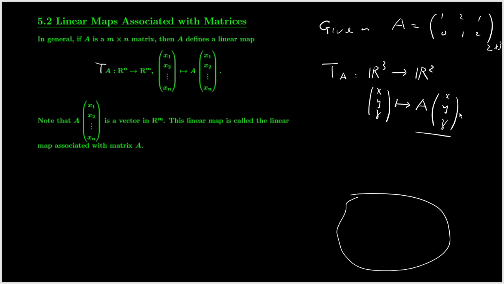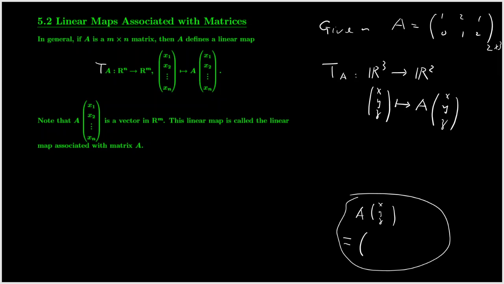I'm talking about the right hand side. On the right hand side, you compute the matrix A times x, y, z. You are hoping to get a vector in R2, because R2 is the codomain containing all the outputs. You are looking for a vector with 2 components. So you multiply the matrices.